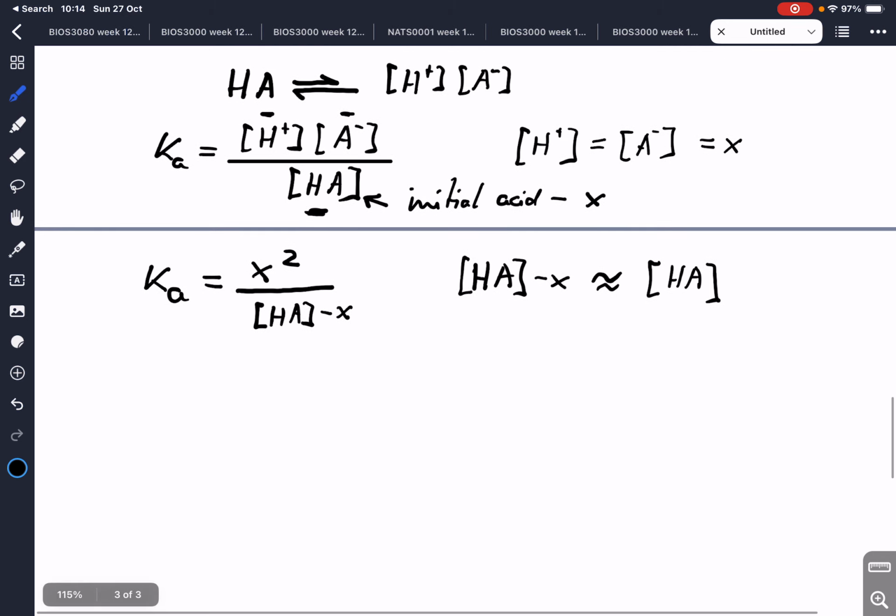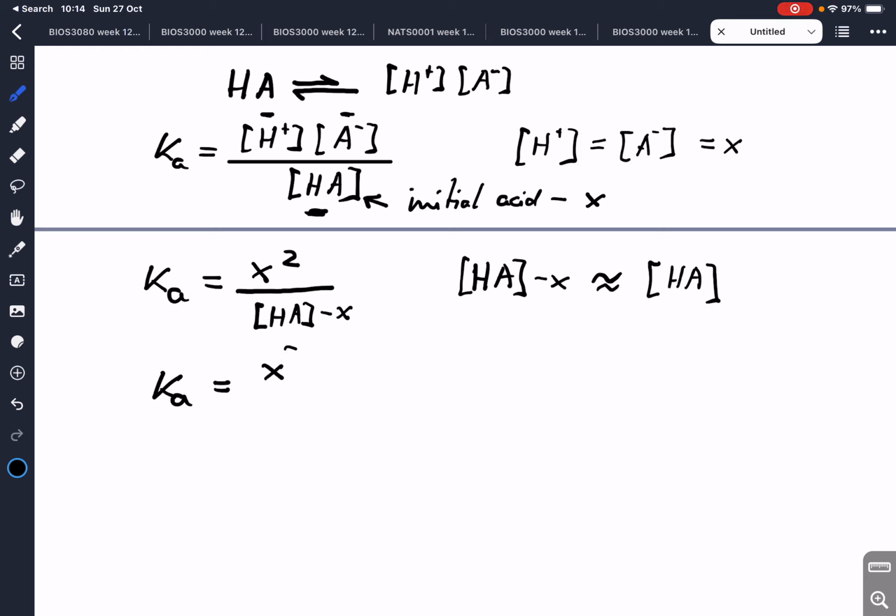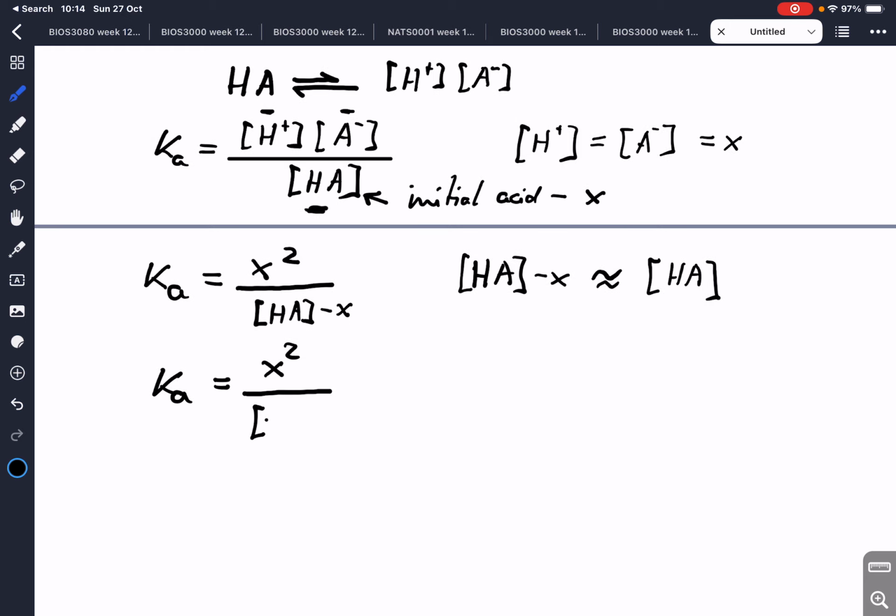So we can really write Ka equals x squared, and this x squared, of course, is our H plus squared, divided by HA.